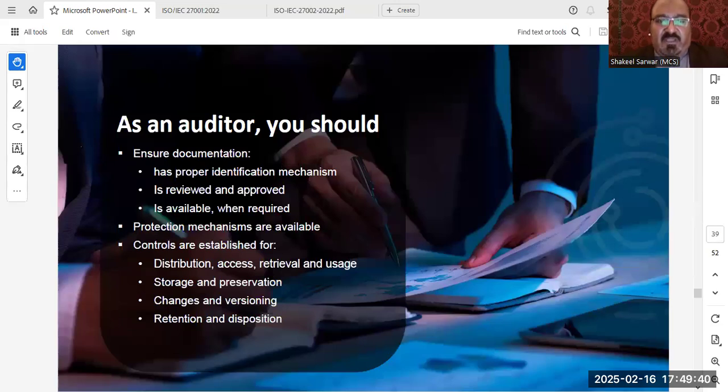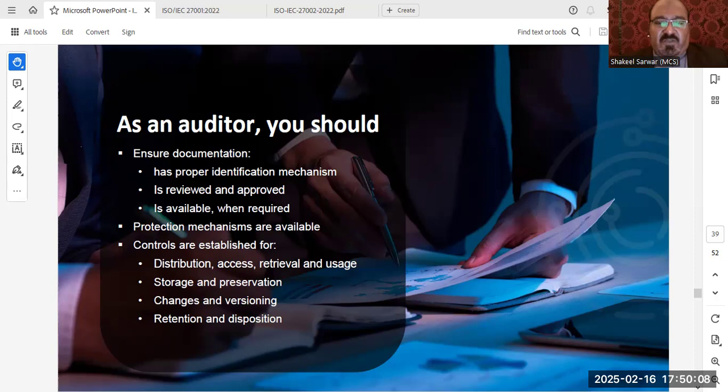This helps avoid confusion and ensures that everyone refers to the correct document version, maintaining consistency across the organization. Documents are reviewed and approved: documents need to be reviewed and approved by authorized personnel before they are issued. This ensures that the information is accurate, relevant, and aligned with the organization's policies and objectives.